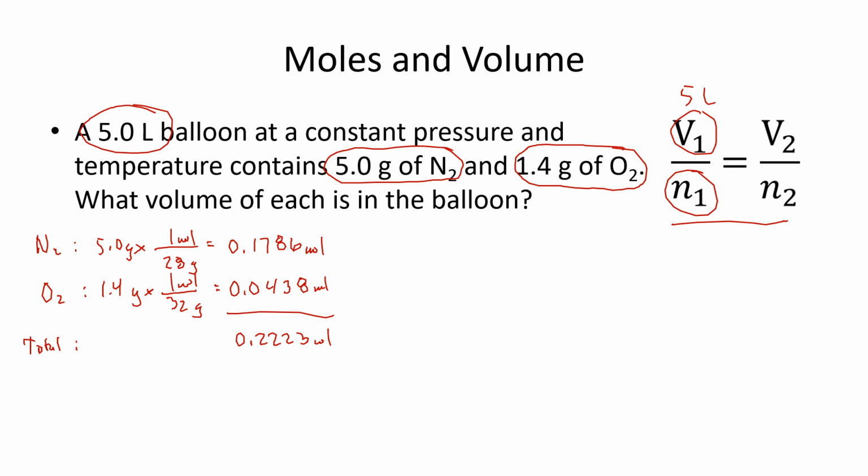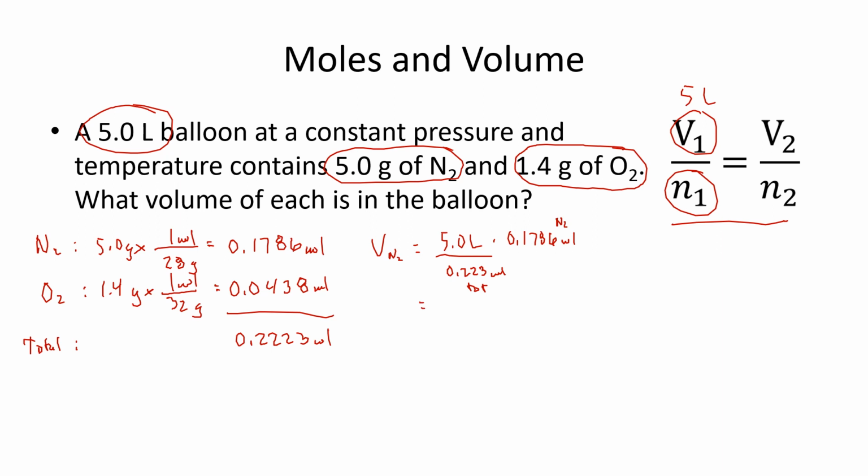Great. So then working out the volume of each of these separately is just a plug and play here. So we want to know the volume of the nitrogen. And we know that the initial volume was 5 liters. We know the initial moles was 0.2223 moles. And we know that the final moles is 0.1786 moles. So this one was the total, and this is the part that is nitrogen.